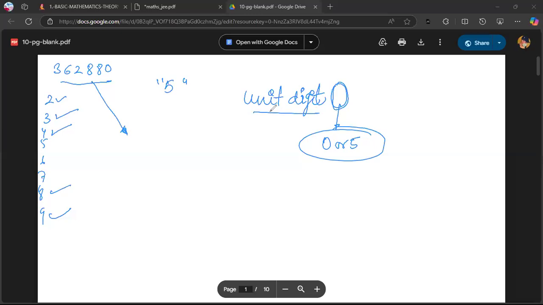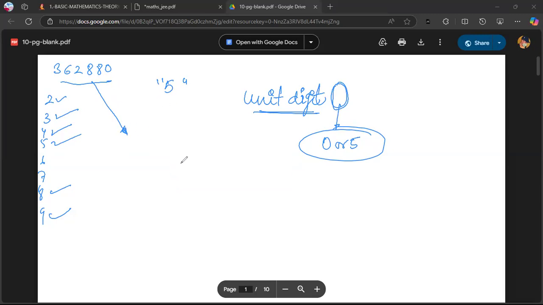The unit digit should be 0 or 5. So is this number divisible by 5 or not? Yes, sir. Why? It ends with 0. So the number is also divisible by 5.